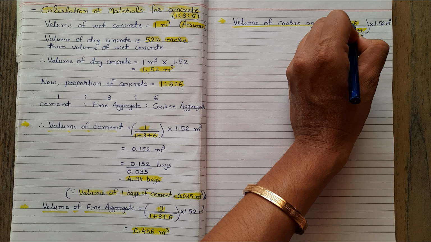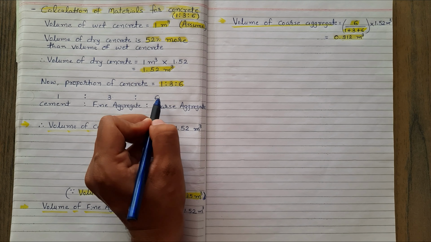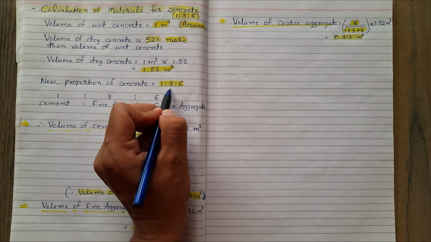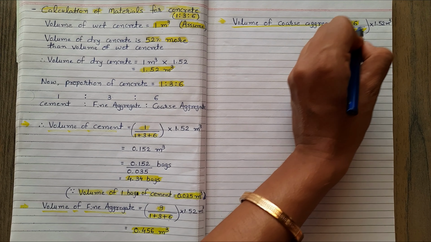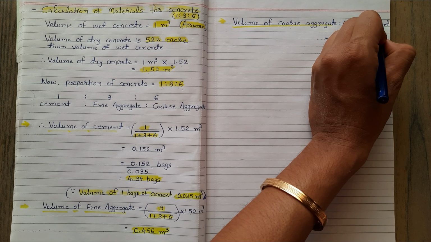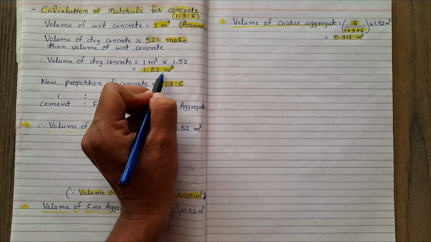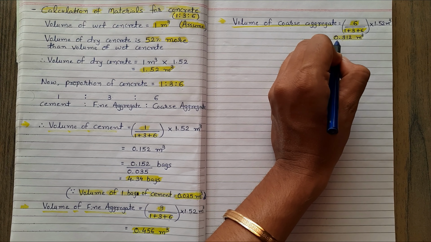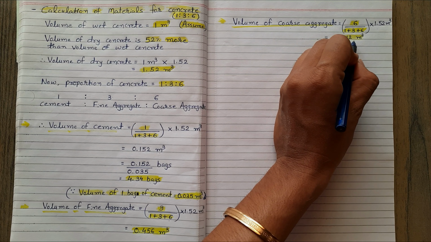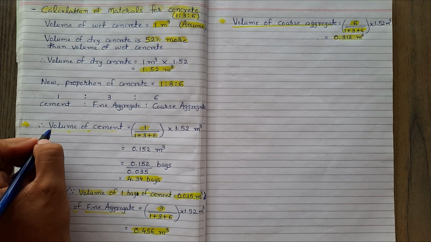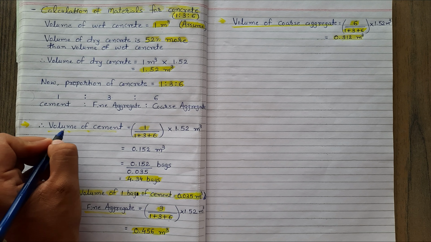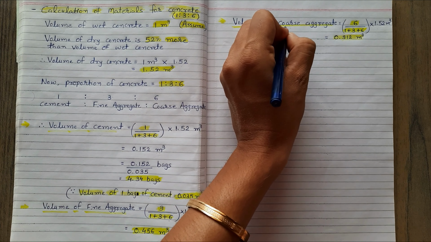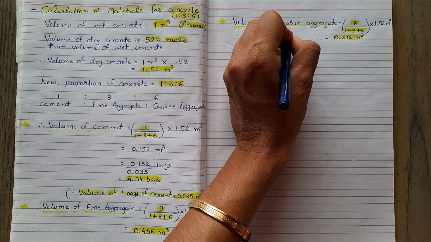The part of coarse aggregate is 6, divided by total parts 1 plus 3 plus 6, into the volume 1.52 meter cube, which is equal to 0.912 meter cube. By these calculations, we are getting the volume of cement, the volume of fine aggregate and the volume of coarse aggregate.